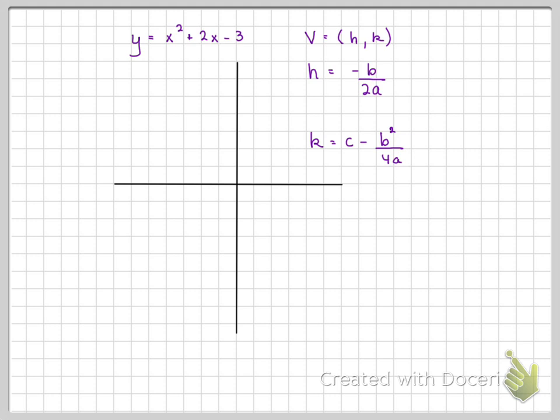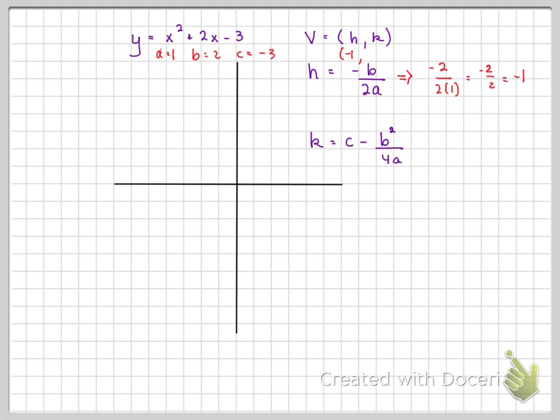Okay, so a is 1, b is 2, c is negative 3. So opposite of b would be negative 2 over 2 times the a value, which is 1. So we get negative 2 over 2, and we get a value of negative 1 for the h, or the x value of our vertex.